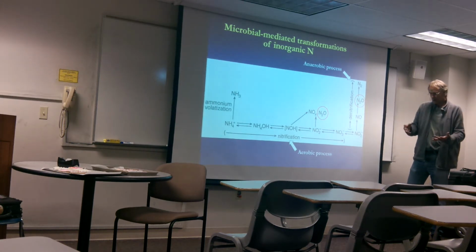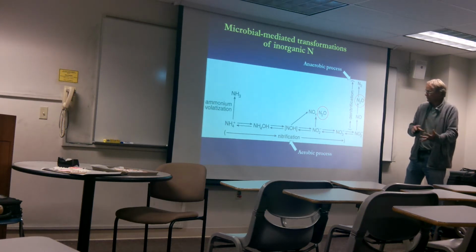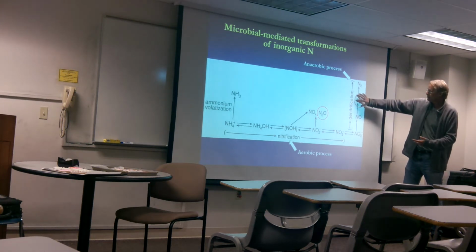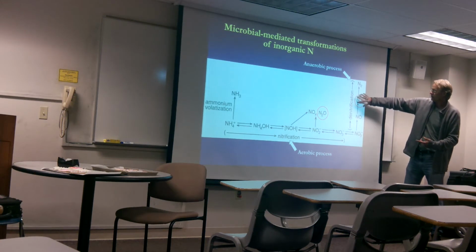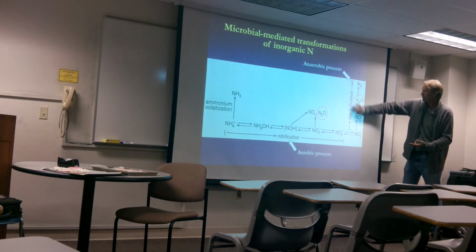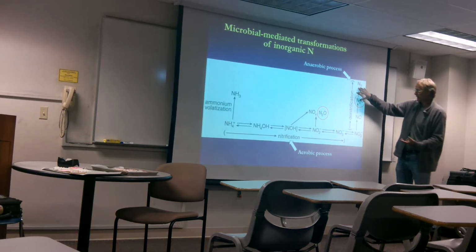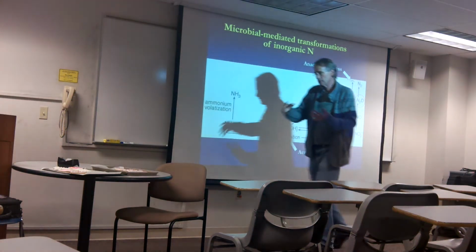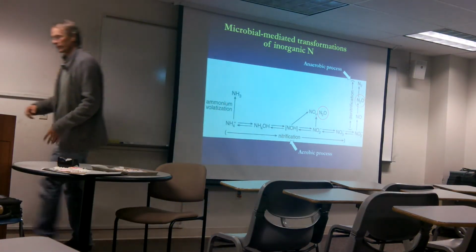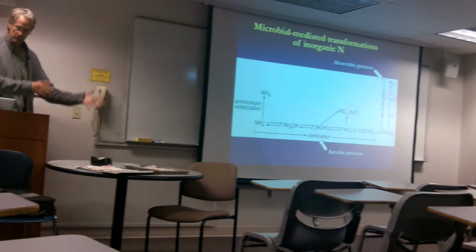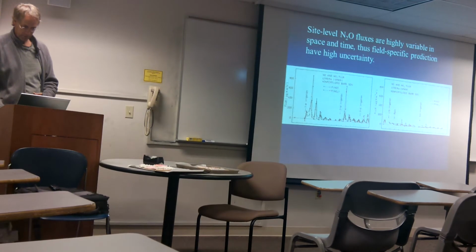Or also, soils that are anaerobic but not fully anaerobic, you can get a substantial amount of it. Usually these, well, all three of these, are the dominant species that make it out of the soil. So N2O comes through both the aerobic and anaerobic processes.